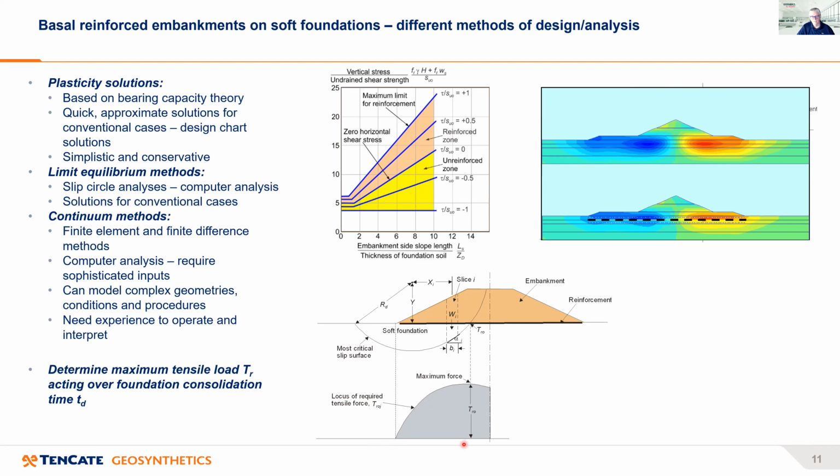And at some location here, it comes up to a maximum tensile force. And that's the answer which the computer spits out for a solution. Again, these are good solutions for conventional cases and are used a lot, and they're very convenient to use because they're all run by computer these days.